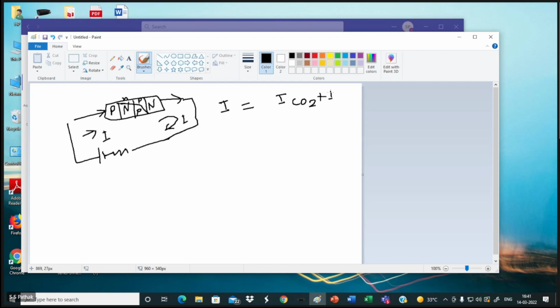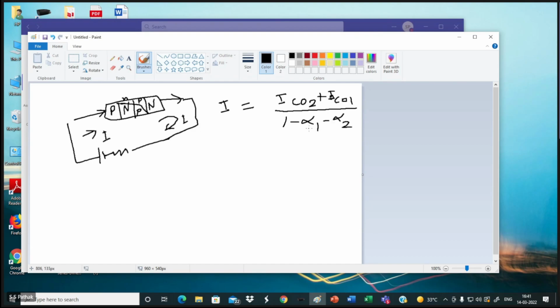Here is your ICO1. In the book it is written minus ICO1, so should not confuse, because they have taken the convention like that. For this current, only the convention it is chosen over there. Here is 1 minus alpha 1 for the PNP transistor, alpha 2 for the NPN.